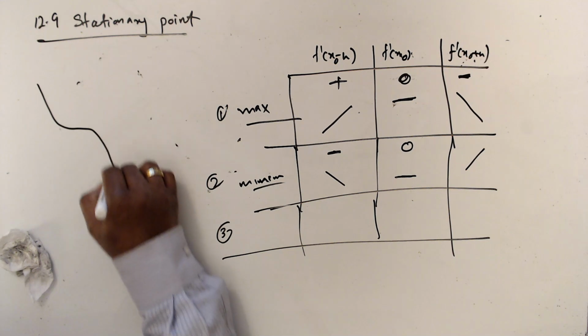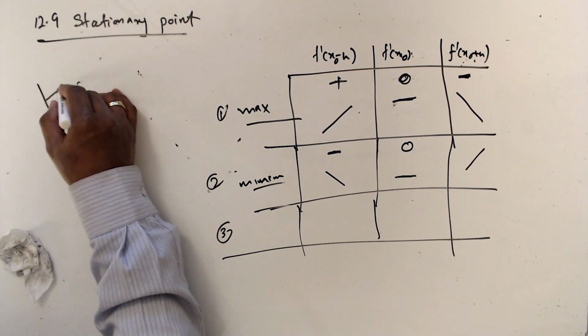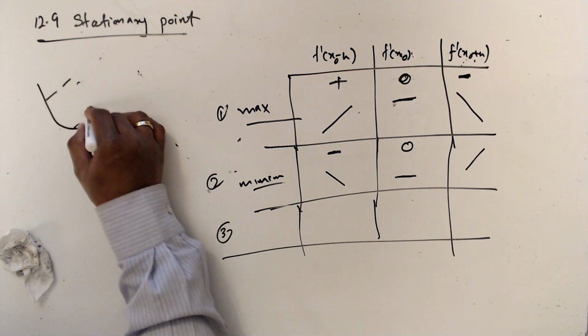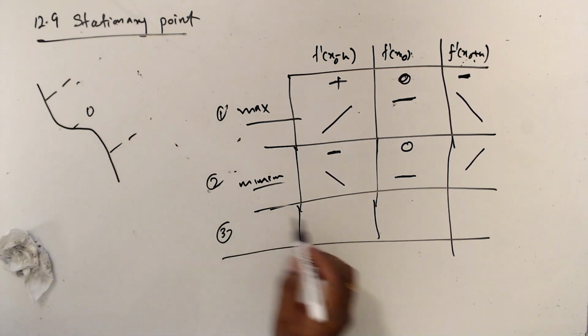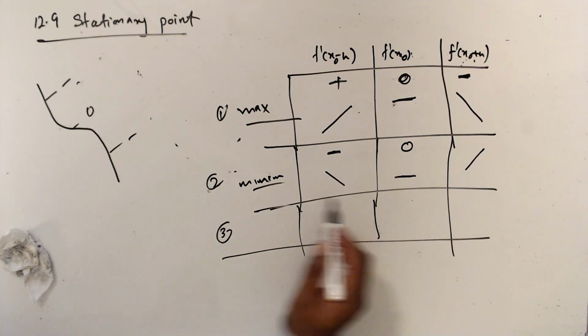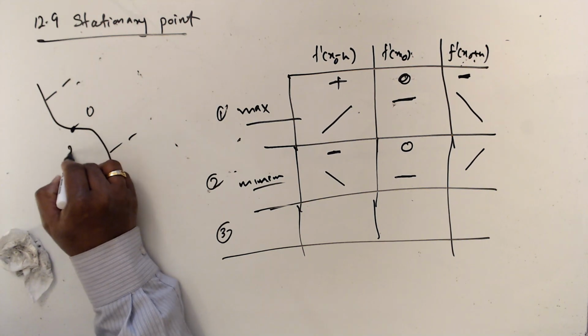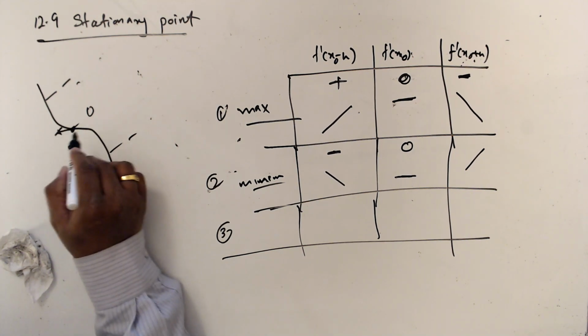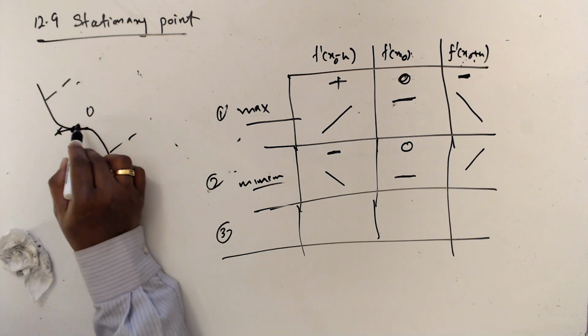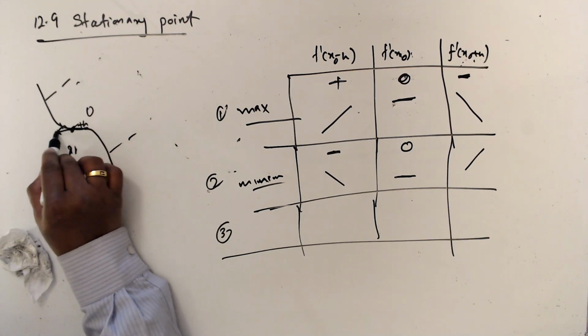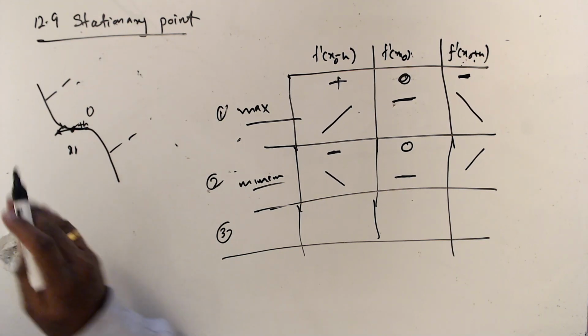If you see something like this, negative, 0 and negative, this is your x naught, go a little bit to the left and a little bit to the right, h distance, and look at what is happening to the gradient.